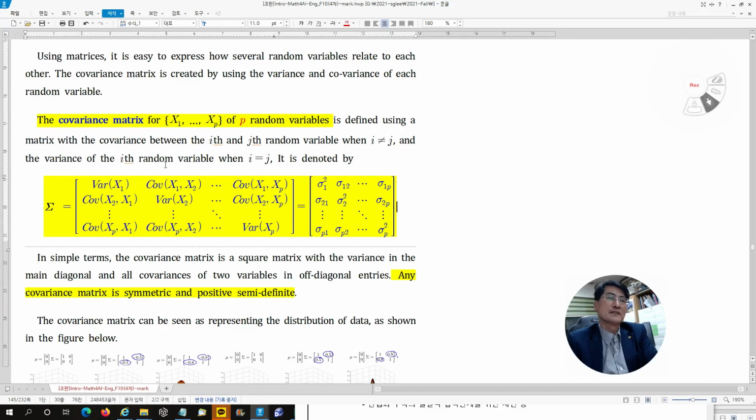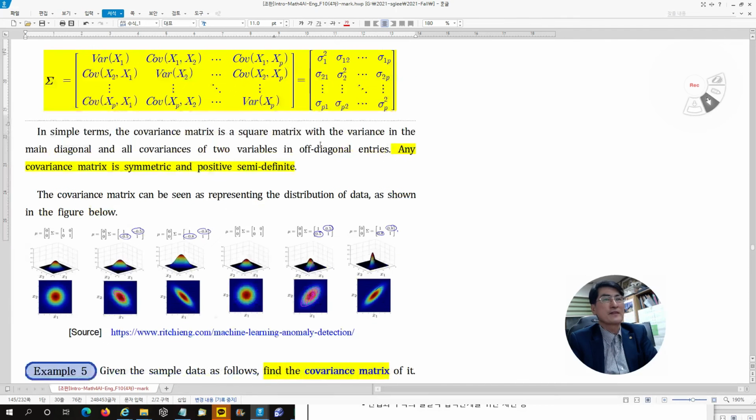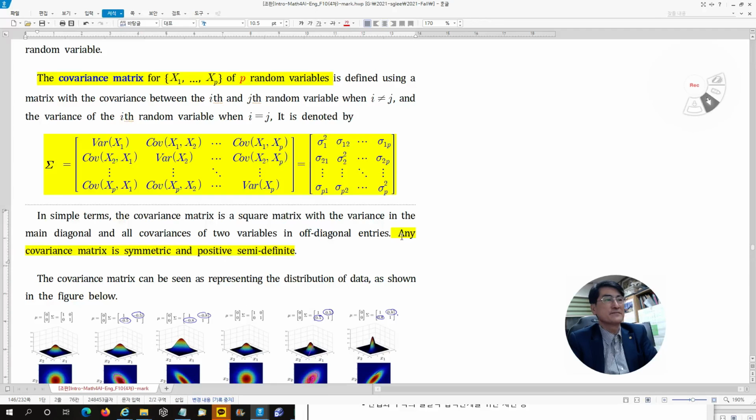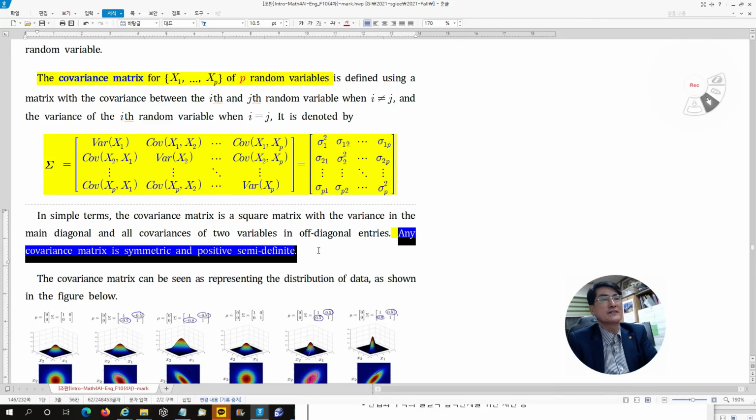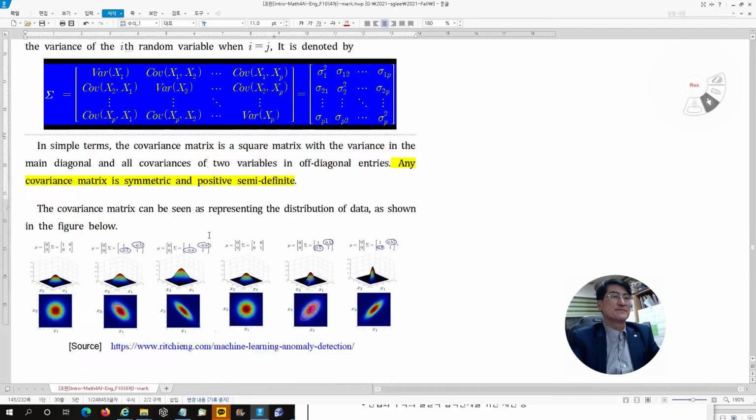With a simple code, you can find these covariances and the variances as well to fill out these entries. This matrix is symmetric and positive semi-definite, which means the eigenvalues of this matrix are all real and non-negative.